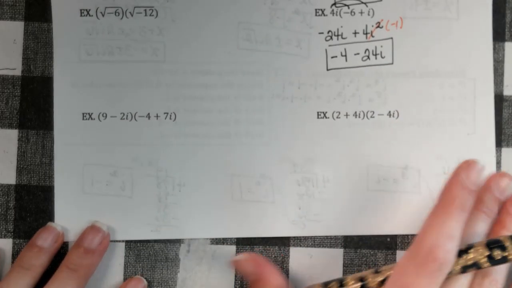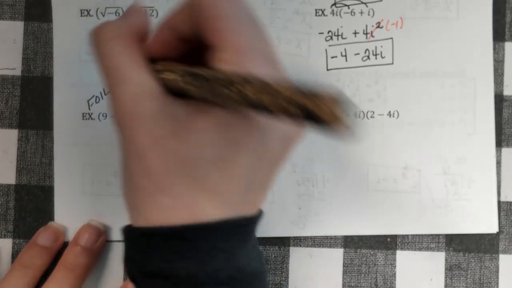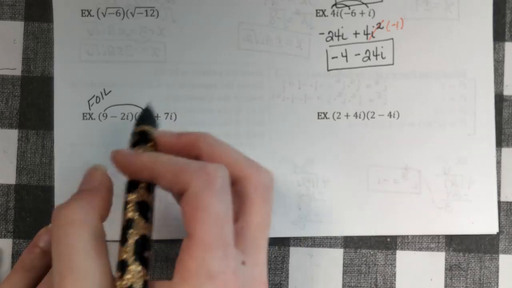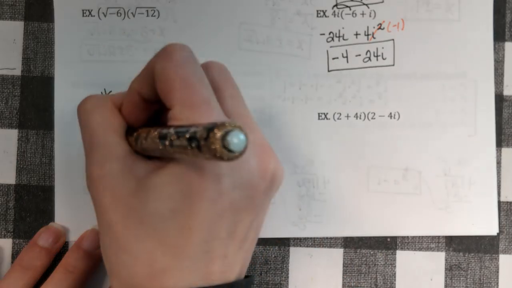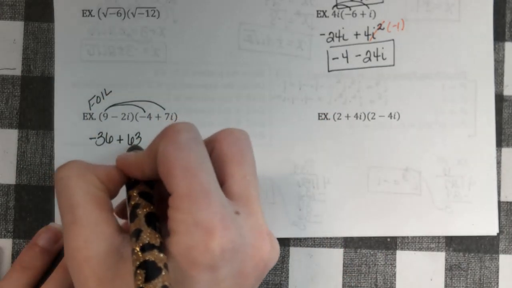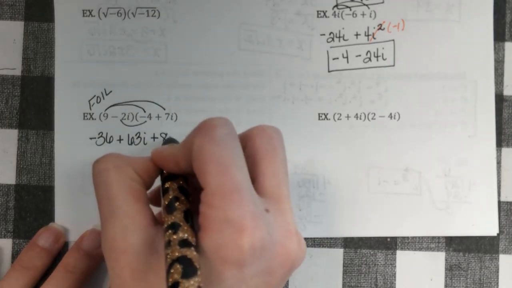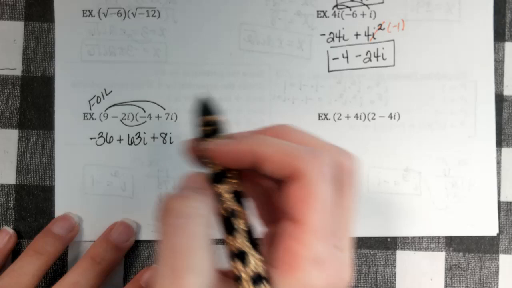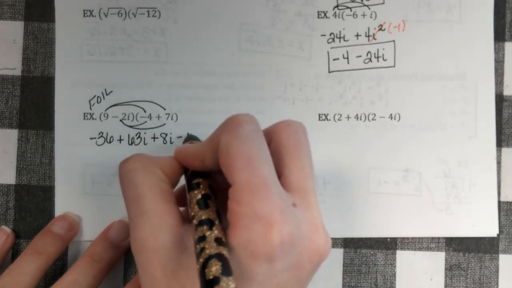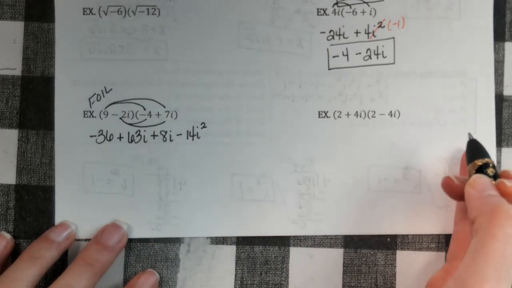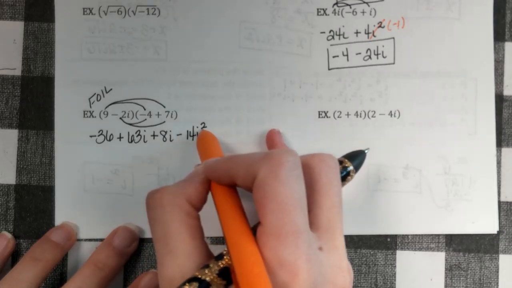So if I have two sets of parentheses, I need to do what with it? I need to FOIL it. So 9 times negative 4 gives me negative 36. 9 times 7i, 63i. Negative 2i times negative 4, 8i. And then negative 2i times 7i, negative 14i squared. So this negative 14i squared is going to change to what?